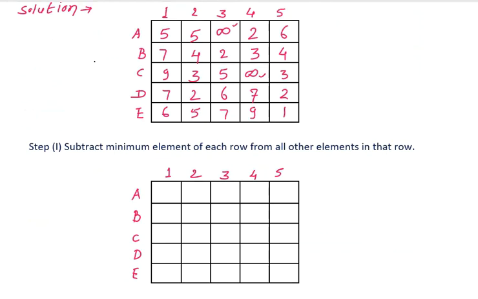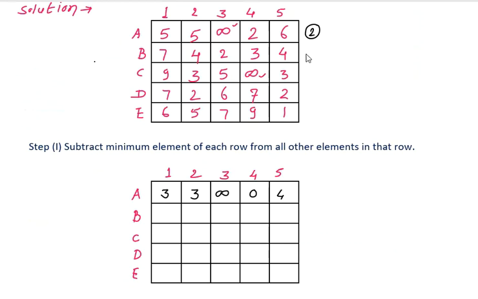The smallest number is 2. Subtract 2 from all the elements in the first row. We get 5 minus 2, 5 minus 2, infinity minus 2 is infinity. 2 minus 2 is 0, 6 minus 2 is 4.